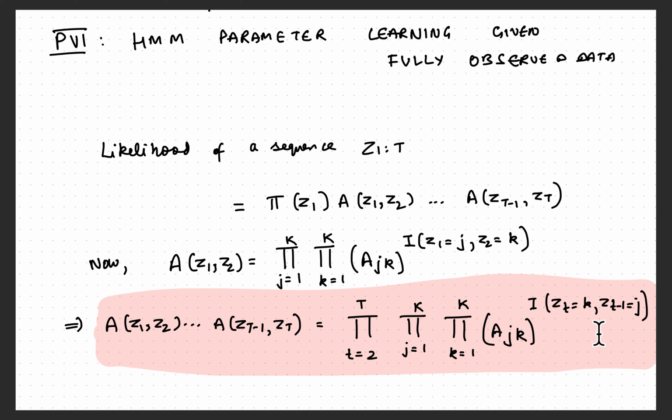So this product is first over the timestamps from t equal to 2 to capital T, and then you look for different pairs. So this is basically telling us zt equal to k and zt minus 1 equal to j. This expression is fairly similar to the expression that we have seen earlier for a z1 z2. All we're doing is, instead of just z1 z2, writing this expression for all zt minus 1 and zt, right?